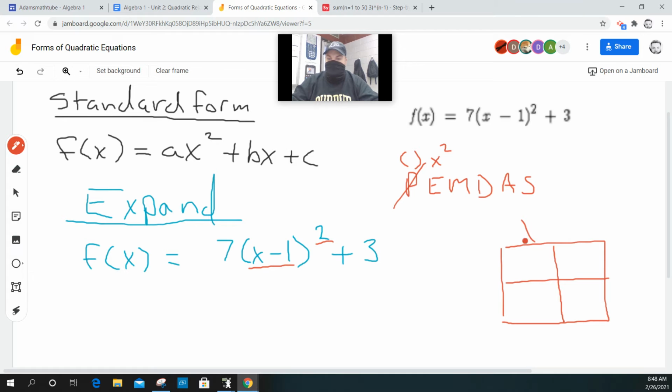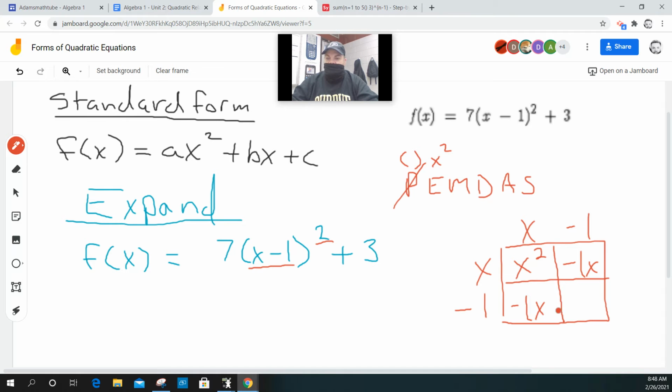And I'm going to say x minus 1. Now, I already know that it's x squared minus 2x plus 1. But we'll go through it. I'm going to say x times x is x squared. X times negative, oh, did I say negative 2x? Negative 1x. X times negative 1 is negative 1x.